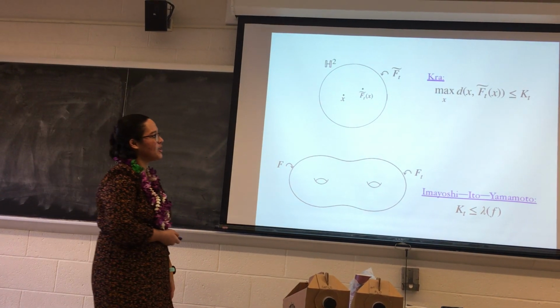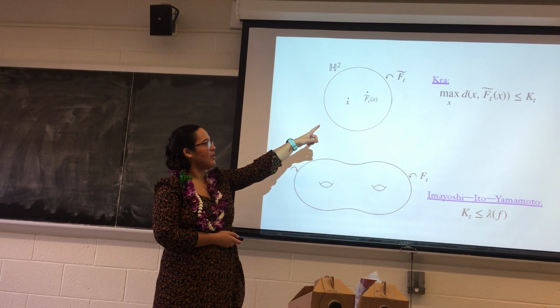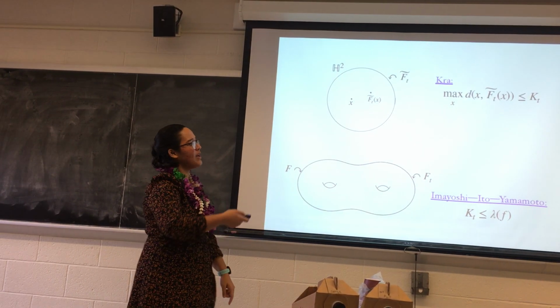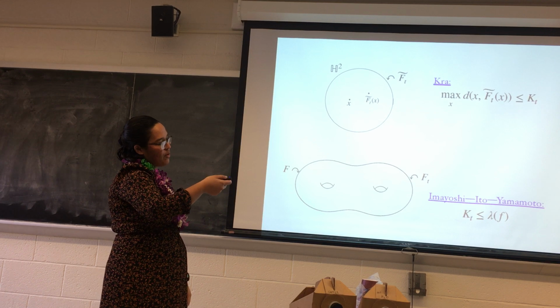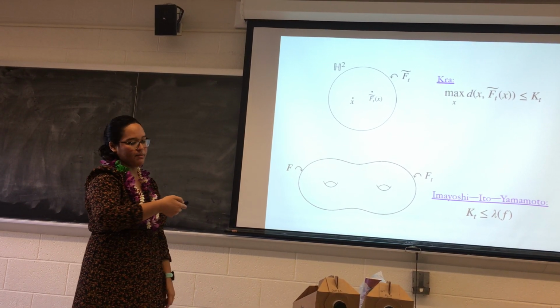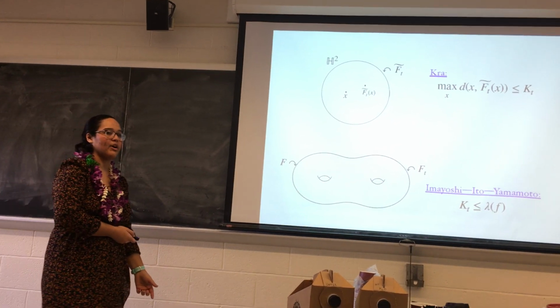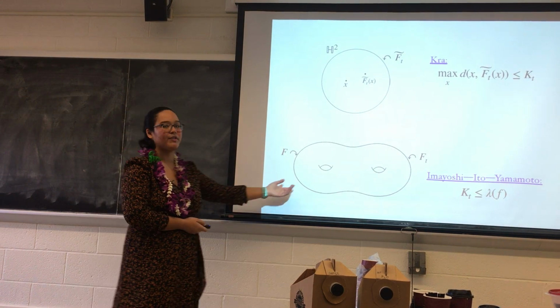So here again is our picture. We're now upstairs. We take a point x. We look at its image under f tilde of t. And we now have a way to bound this quasi-conformal dilatation in terms of the maximum distance that we move a point. But we want a lower bound of our dilatation in terms of the surface topology.